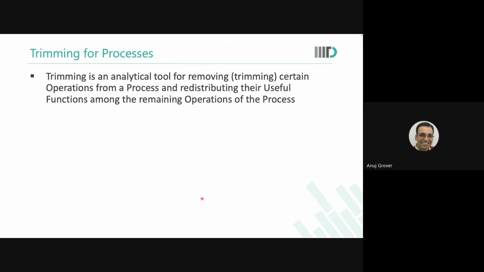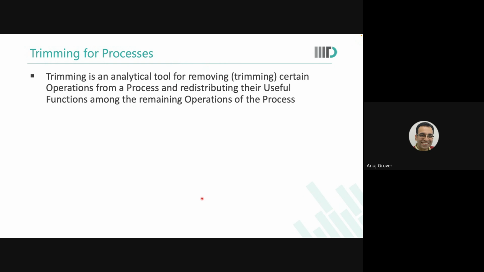So now we have a function model, and now we will look at how to trim this function model for the flows. Any questions until here? Is the process function model clear? So now we look at trimming for processes or for flows.